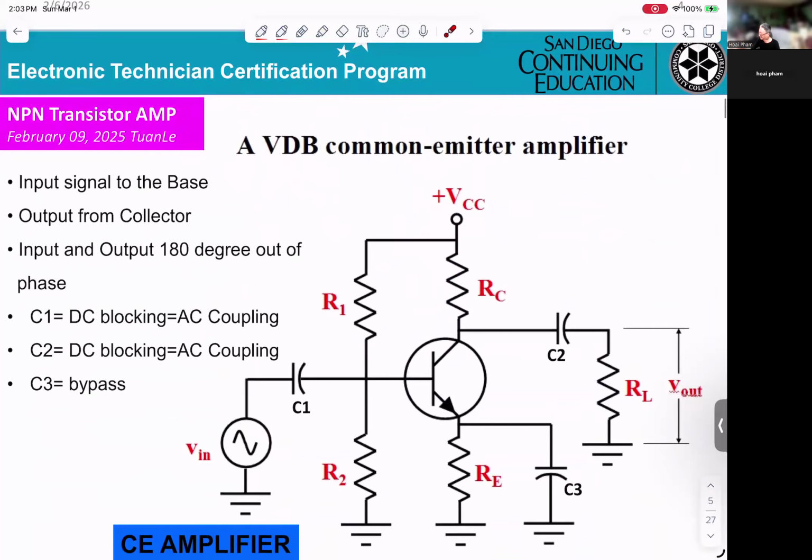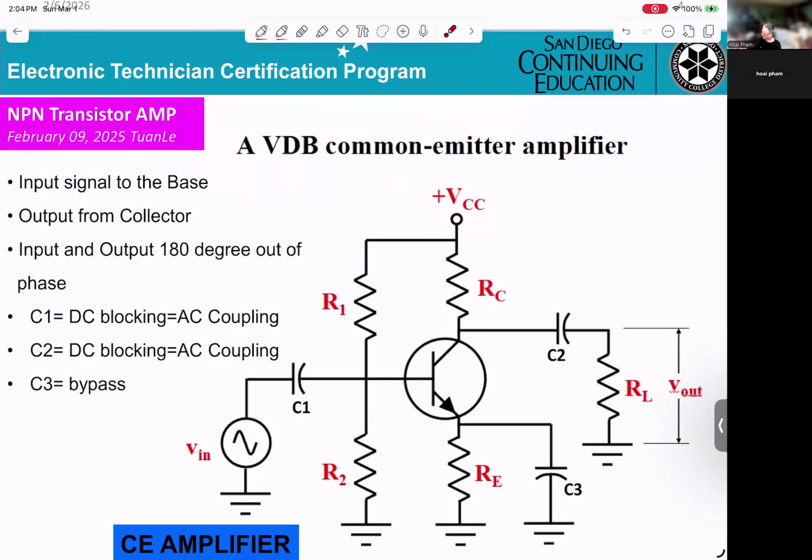Now, next one. First thing we're talking about is the common emitter amplifier. For the bipolar transistor amplifier, we have a common emitter amplifier, a common collector amplifier, and a common base amplifier.